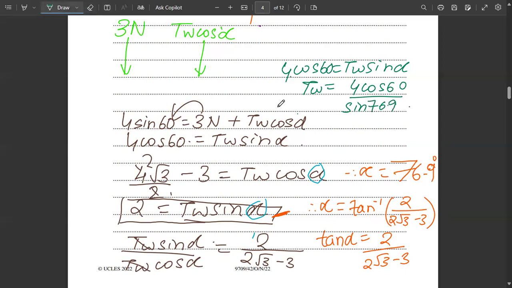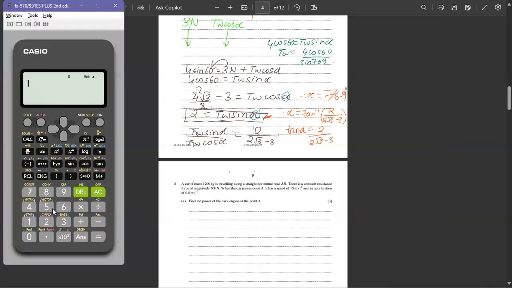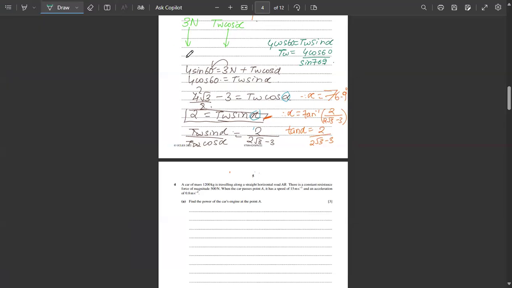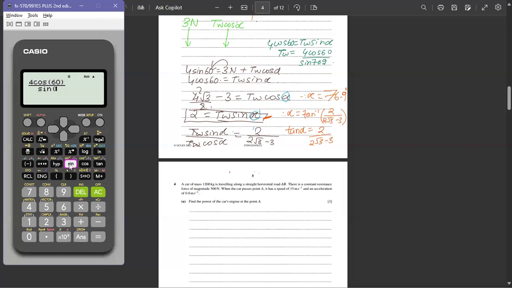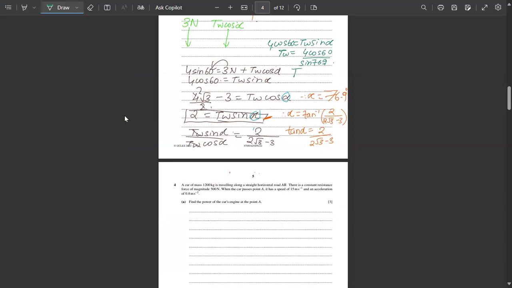So if I put this in the calculator, which is 4 cos 60 upon sine 76.9, the value which I'll get is 2.05. So that means the tension in the vertical wall is 2.05 Newton.